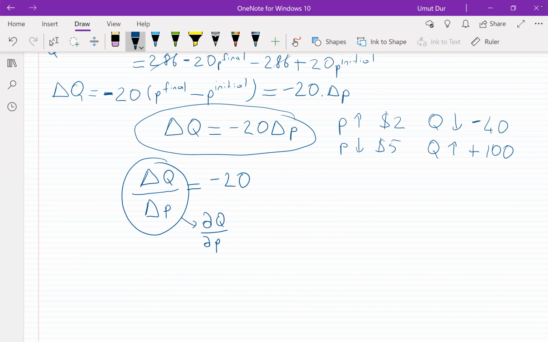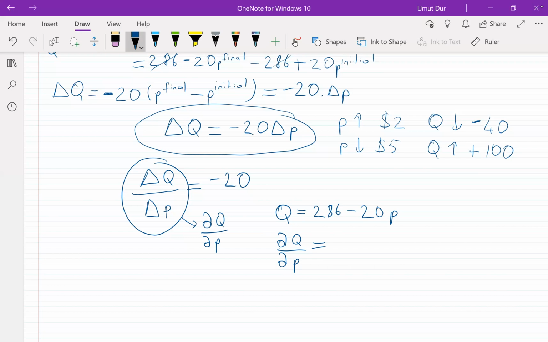If you remember the demand equation here, Q was equal to 286 minus 20p. In order to see the effect of the change in the price on quantity, what I do in calculus is take the derivative of the quantity demanded with respect to price. This is just the constant in front of p, and this is a constant.